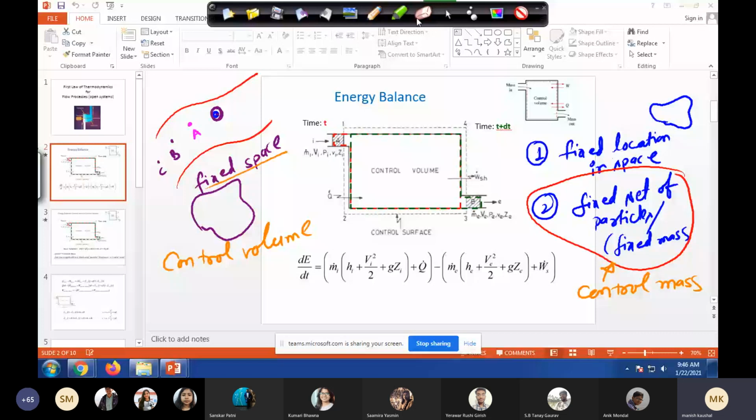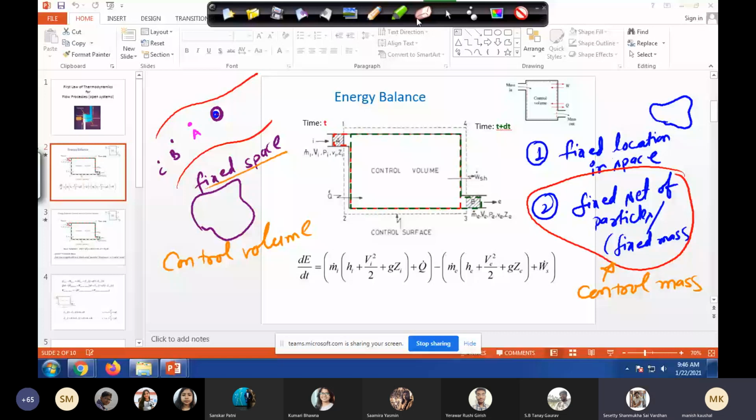Any guess from anyone? Sir, there is always mass coming in and going out, so the rate at which the mass changes should be constant. Forget about the rate. I am asking whether it's valid for a fixed set of particles. More fundamental question: these laws, like momentum conservation or the first law, that is energy balance, are they valid for a fixed set of particles, or can we apply them for a fixed space also?